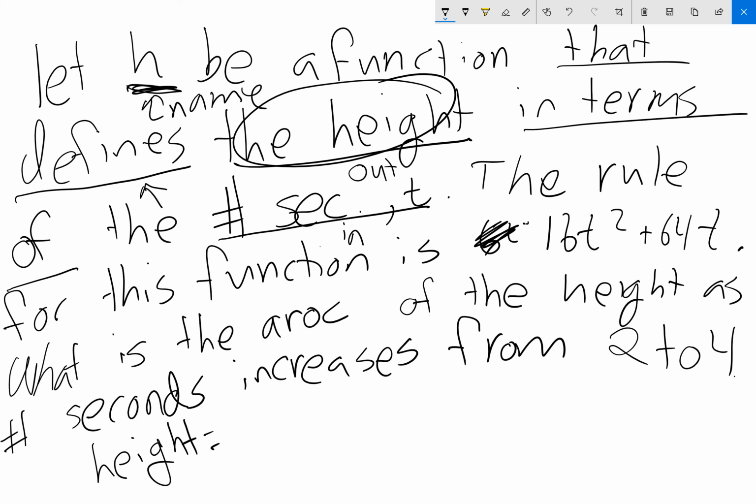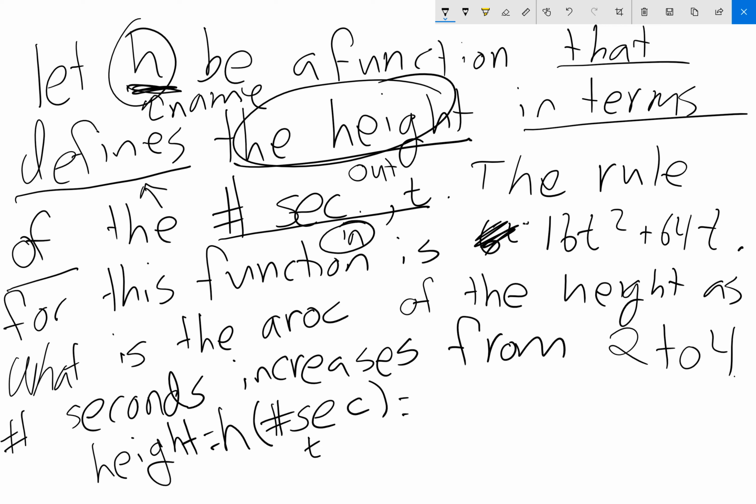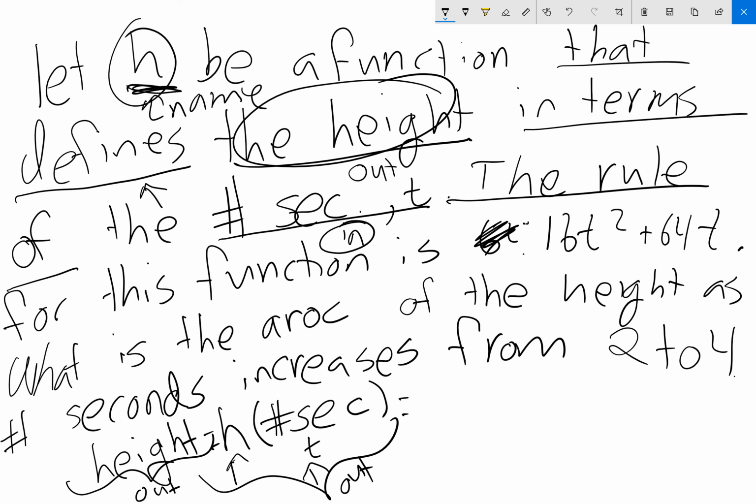Our name is h, so we're going to put that here. And then number of seconds, t, is our input. So I'm going to put number of seconds here, and then I'm going to put t on the bottom. Okay? Equals, so we have our name, our input, all of this is the output, and we know that the output is height. So the only thing that's missing is the rule, and luckily they gave us that. 16t squared plus 64t.